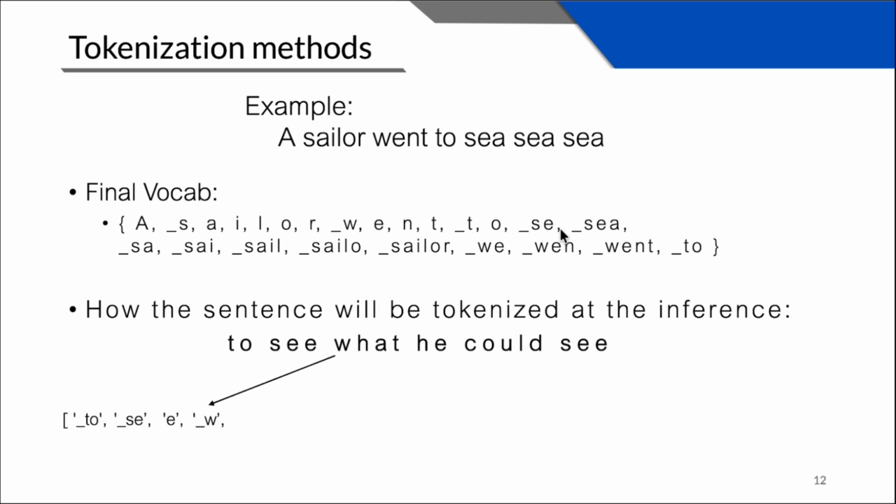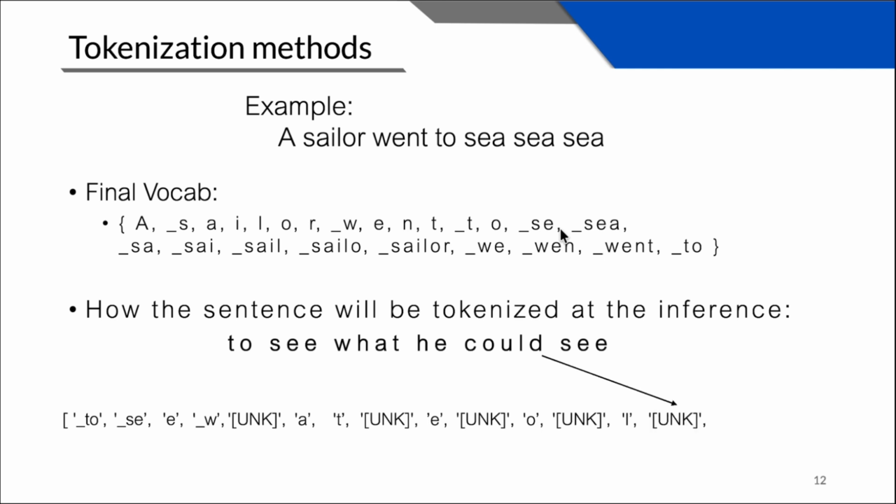We have the character W that follows a space. However, we don't have the term H, so it's replaced by unknown. We have A, we have T, but we don't have H, so it's unknown. And we can keep going whenever we experience a new out of vocabulary term or token.